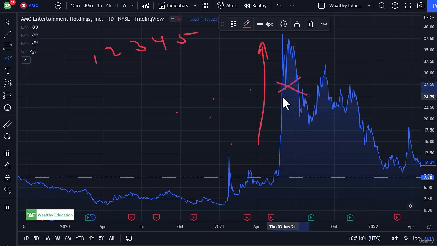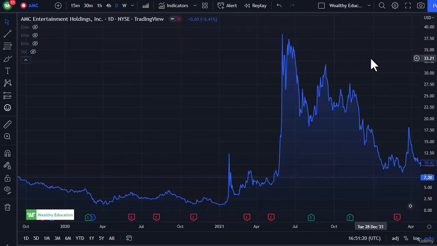Even if it was just something ridiculous, like all the way up here, that's a ridiculous move in a stock. That is a massive gain. So when you're up here, you have to say, okay, I'll give it like a third back. And if it gets back over a third, then I'm just going to take my profit. You would have done quite well. So that's one thing that you need to understand about overcoming greed.